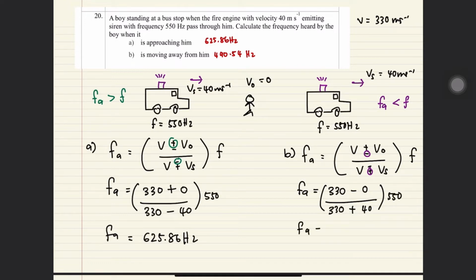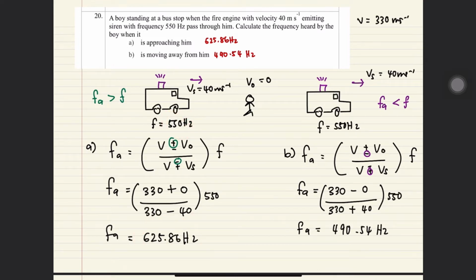So FA is equals to 330 divided by 370 times 550. Here's 490.54 hertz. Okay, so once you get these numbers, you can double check. FA should be bigger than actual F, which is 550. So it makes sense. Most likely your calculation is correct.